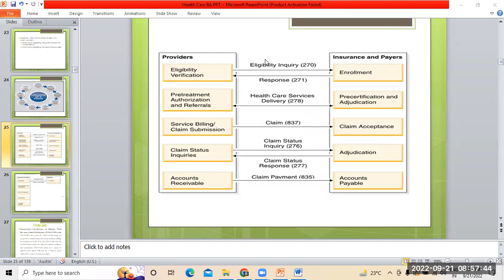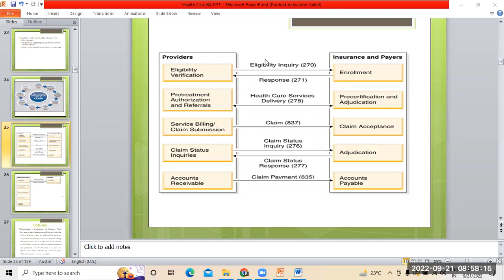These are important, because when you go for an interview or somewhere, forget about while you're working, someone may ask you what kind of code you have used for claim status inquiry, right? So at least to explain, these code numbers are useful to you. That was the point.